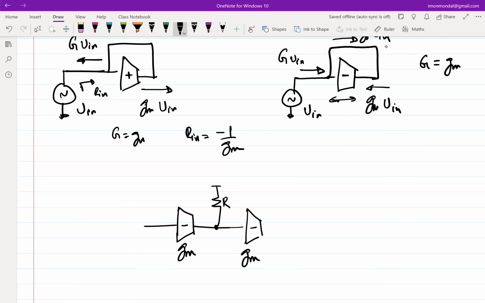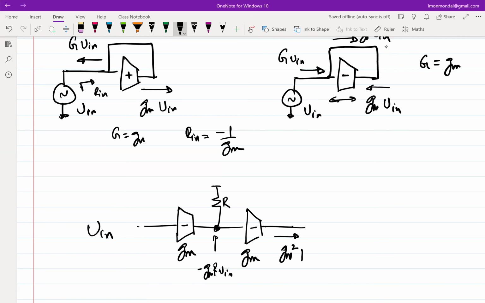Okay. So if I apply V in here, the voltage that will accrue here will be how much? Minus Gm R V in. So the current that will come will be in which direction now? Going out or going in? Out of it?